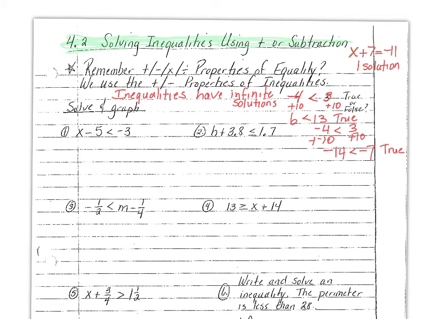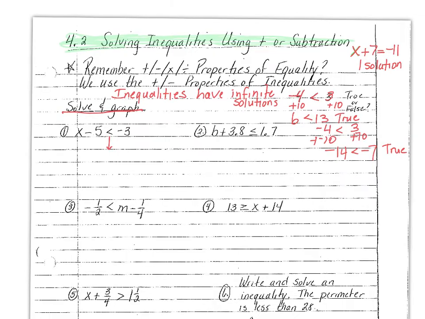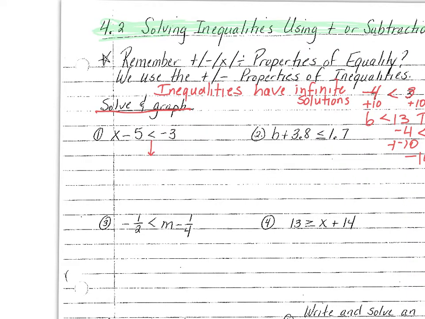So go ahead and write this down. It says solve and graph. Number 1 says x minus 5 is less than negative 3. You are still going to put the wall up, but the wall goes underneath the inequality. So put that up there like that. They are subtracting 5 from x.